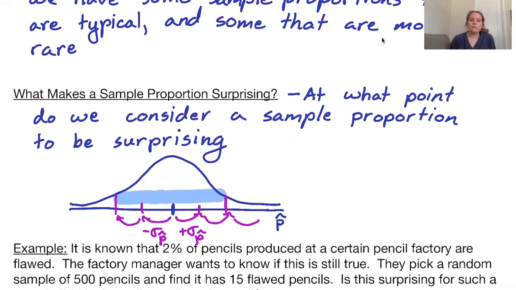So anything within two standard deviations we consider to be not surprising, essentially expected. And then anything outside those two standard deviations away from the mean, we consider to be surprising.